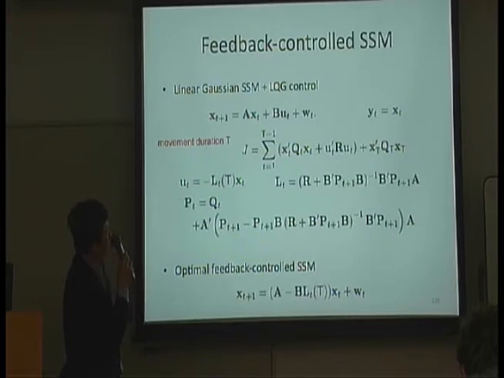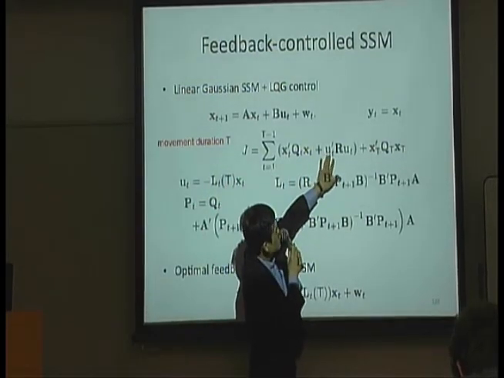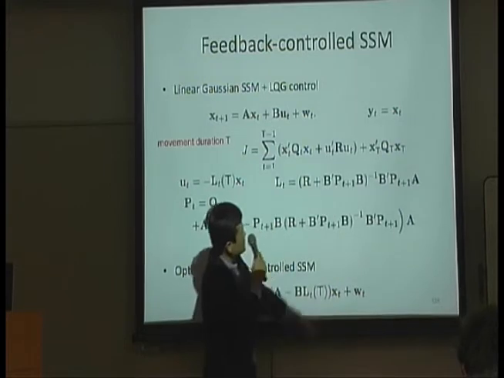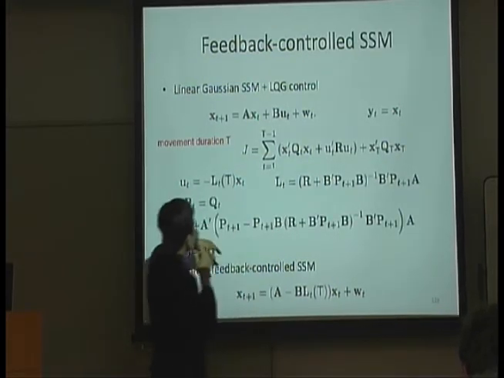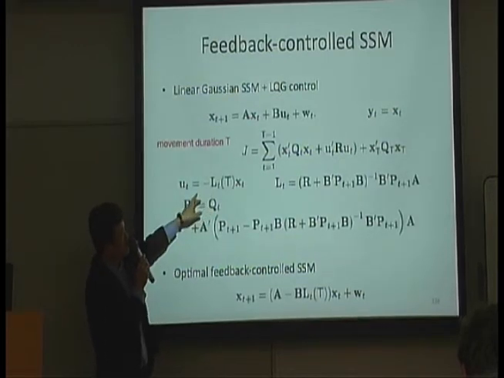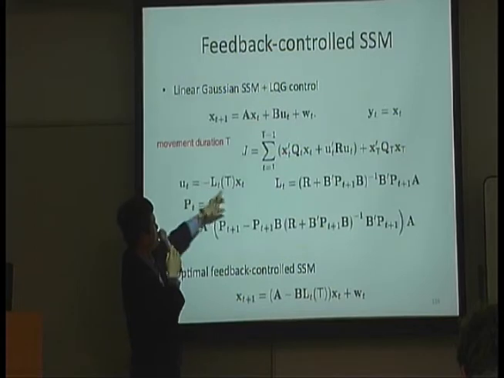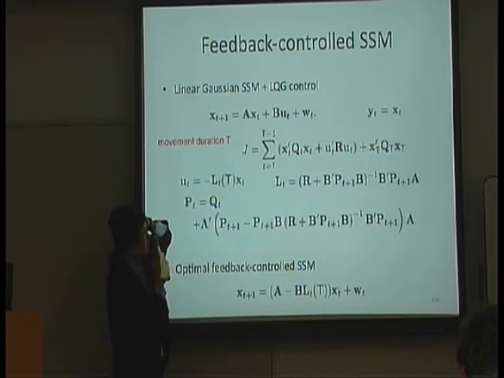And then because it's a control, if it's a standard linear Gaussian state space model, you use the linear quadratic control, then you minimize the quadratic function, and this is the control part. You have this analytical form, write down the recursive equation, and you have this u, where t is the time, the arrival time.